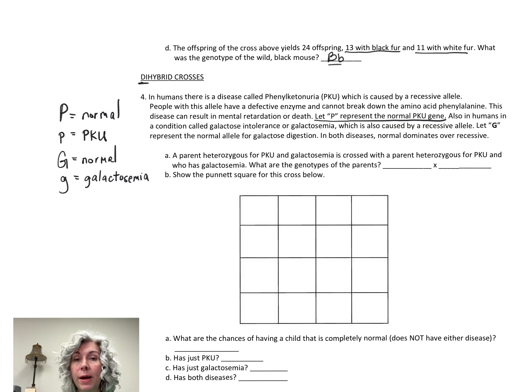Galactose is a carbohydrate. These people have trouble breaking it down. It's like lactose intolerant. These people are galactose intolerant, just a different type of carb, a different type of sugar. All right, we've got our key.